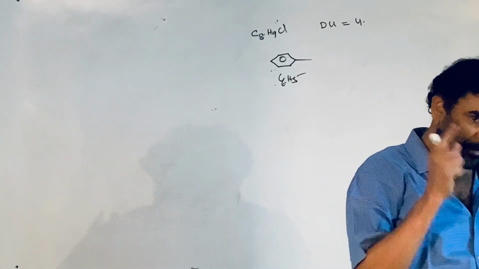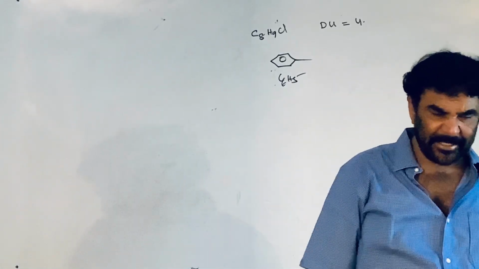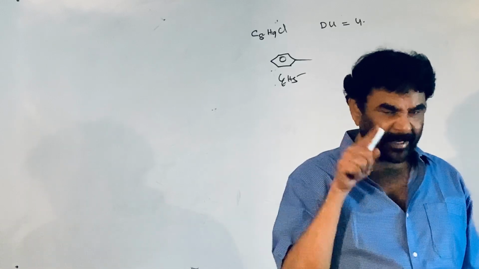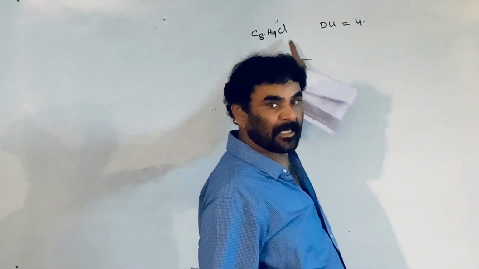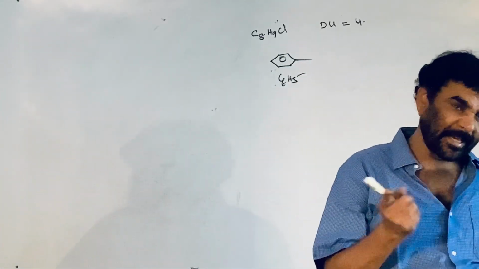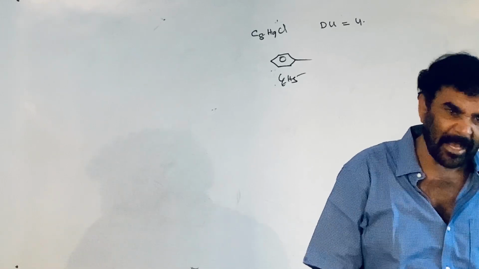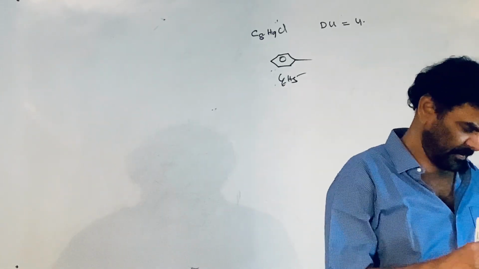Through which group is the cyanide introduced into the molecule? Through the chlorine atom. So to introduce the cyanide through the chlorine atom, the chlorine must be on the side chain.